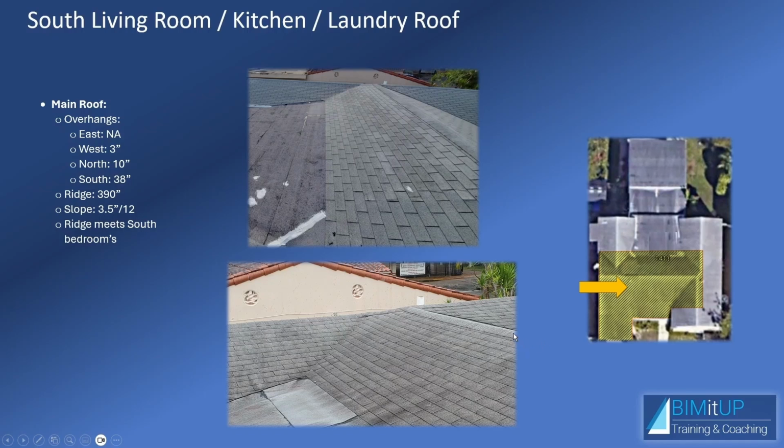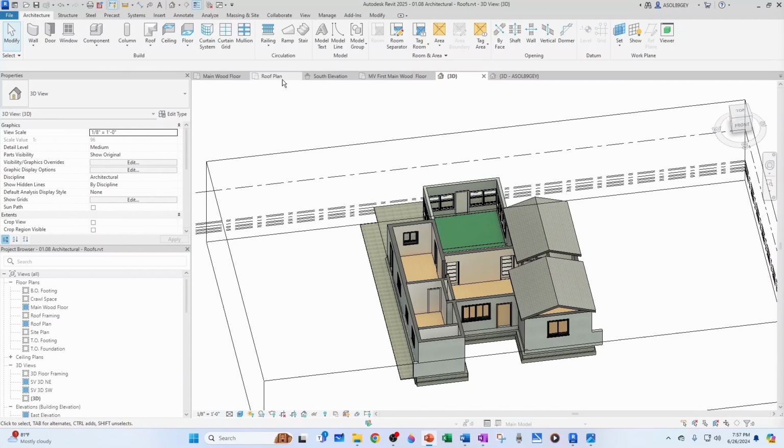You can see it here. It comes here horizontal, meets with this one horizontally, and then it slopes down to meet with this ridge from the north bedroom. And then you can see the valley created between the main roof slope and the north bedroom slope. Let's go to our roof plan.